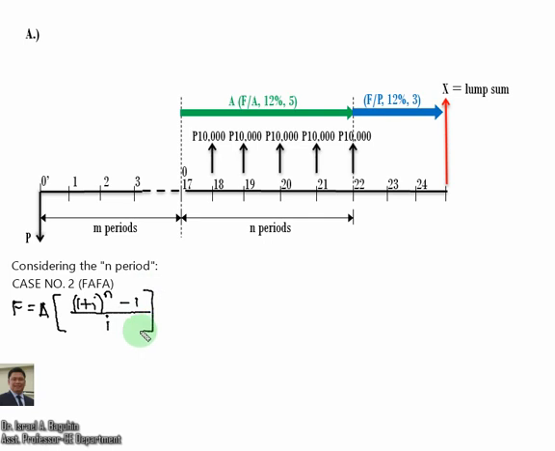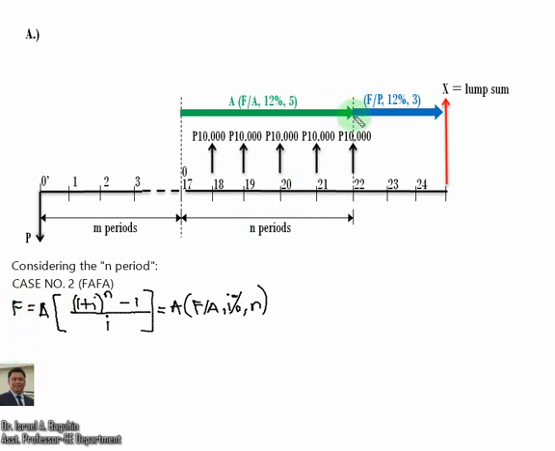This is just equal to the word FAFA, or we just say A times F given A, i percent, n, since we are considering n periods. So from here we can calculate the value of our F.